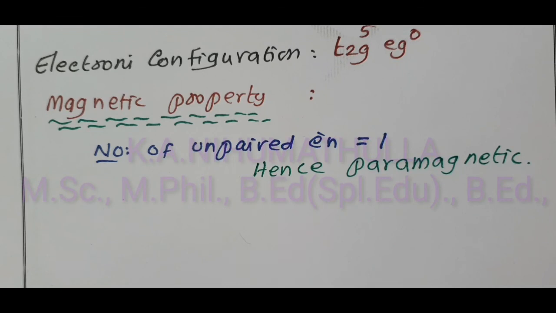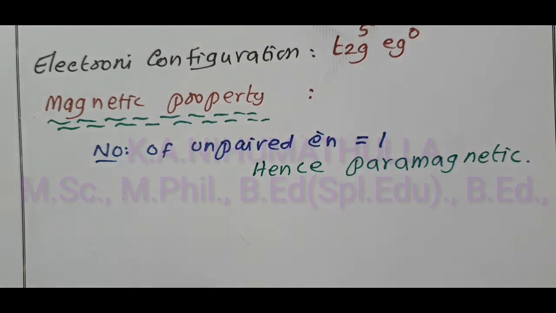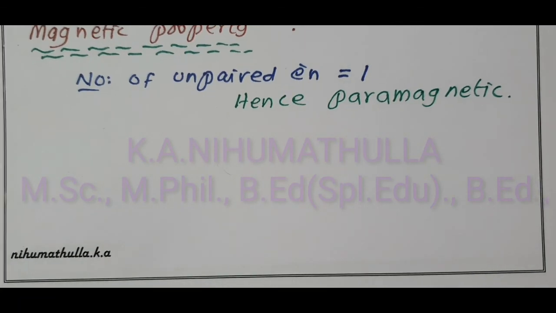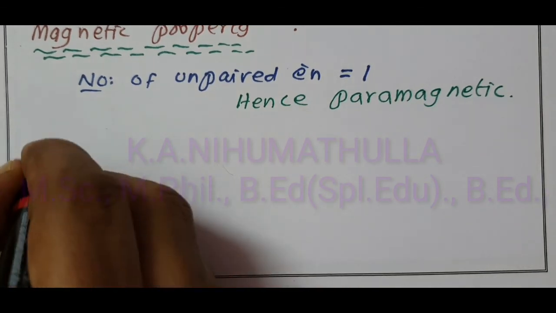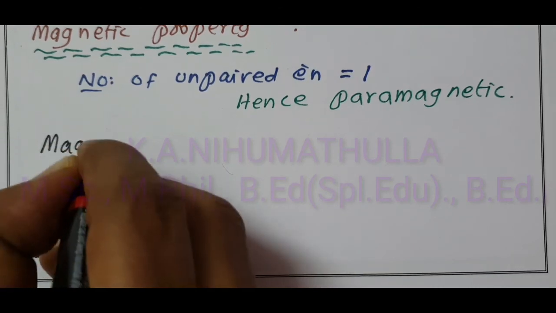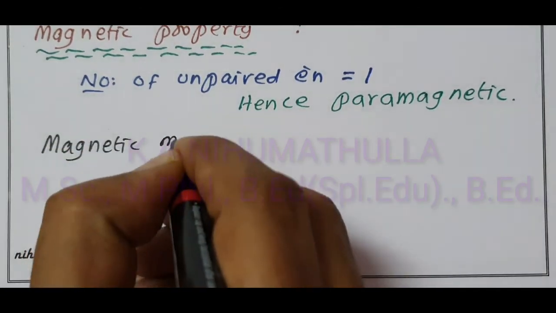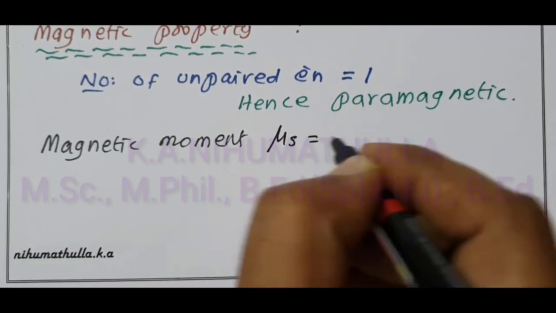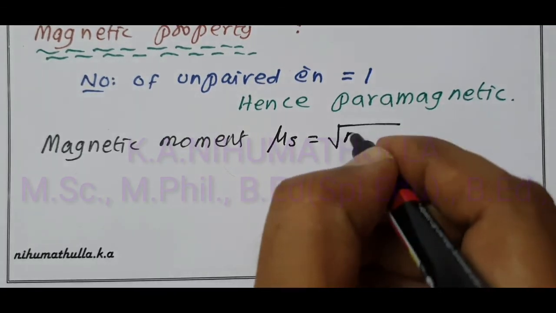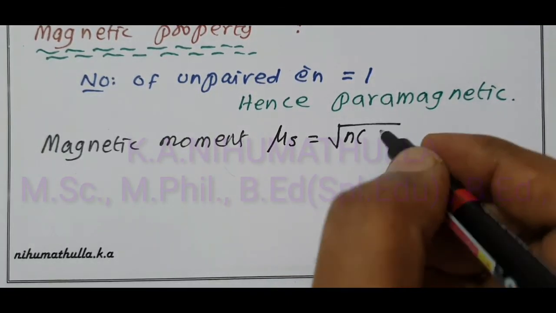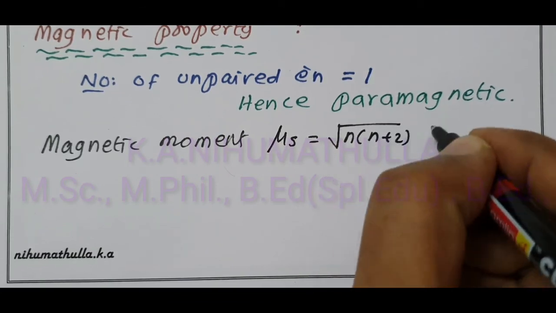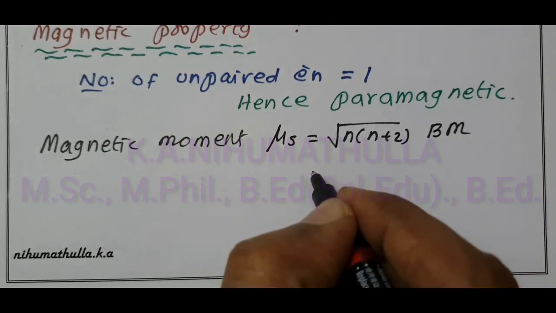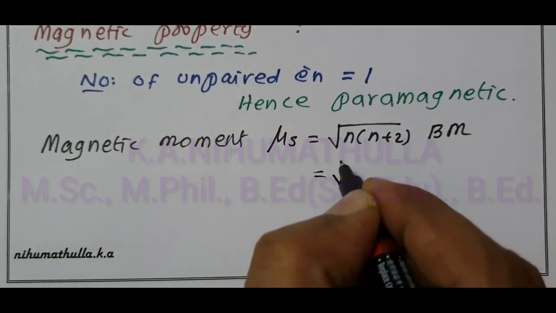Now the magnetic moment. From the number of unpaired electrons, we can calculate the magnetic moment. Spin only magnetic moment is mu s equal to the formula root of n into n plus 2 Bohr magneton, where n is the number of unpaired electrons.